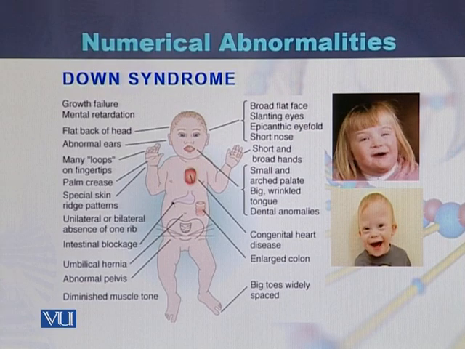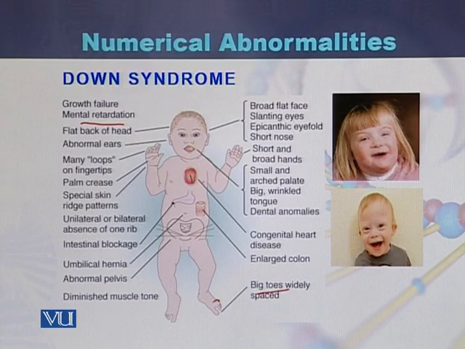This is a typical photograph of individuals who have Down syndrome, and the description written shows the symptoms which are present in these individuals. Like there is mental retardation in these individuals, common abnormalities, as well as big toes.